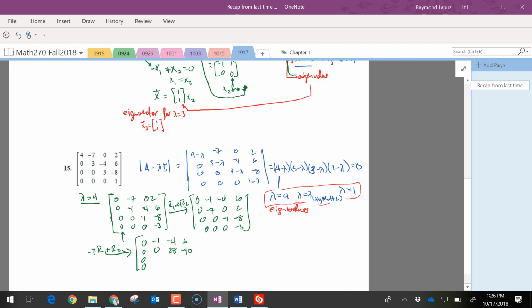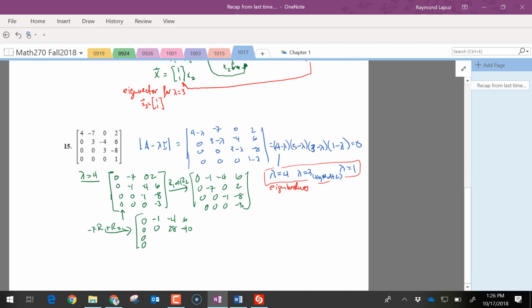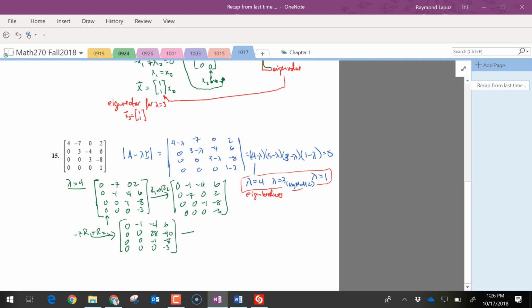Negative 40. And then this one will stay. We'll do a switch.